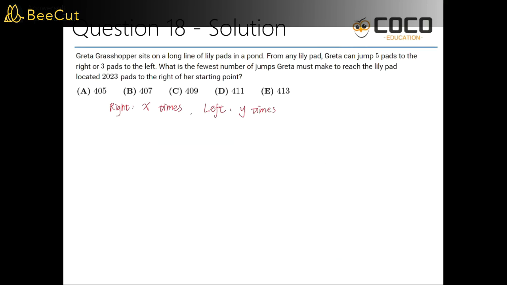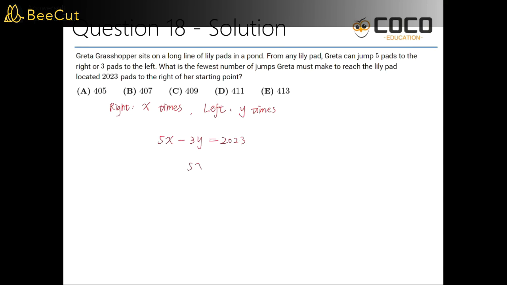And eventually it goes to the right 2023 places. So going to the right is 5 times x. Going to the left is the other direction, so we need to minus the value. It's minus 3 times y equals 2023. So we want to find the minimum number of steps.